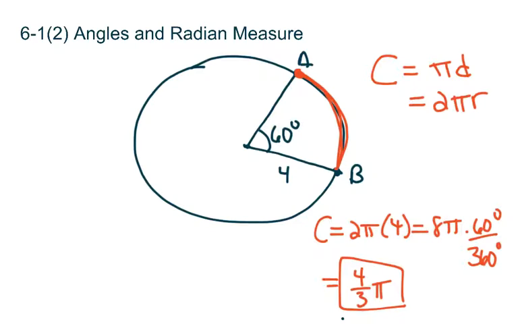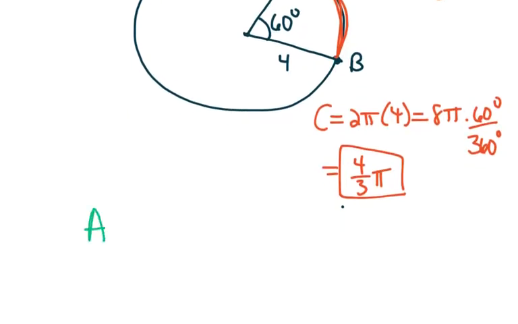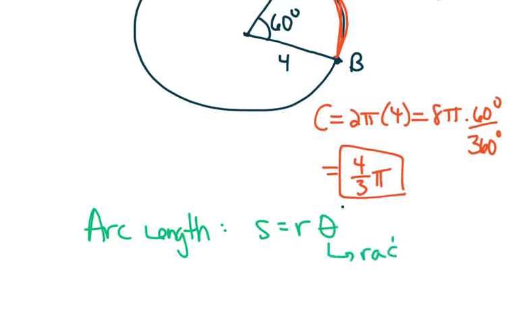And I'm actually going to give you another way of doing this same problem, except in radians. We're going to call the arc length S, and S is going to equal the radius times the angle between the two radii, except that angle needs to be in radians.